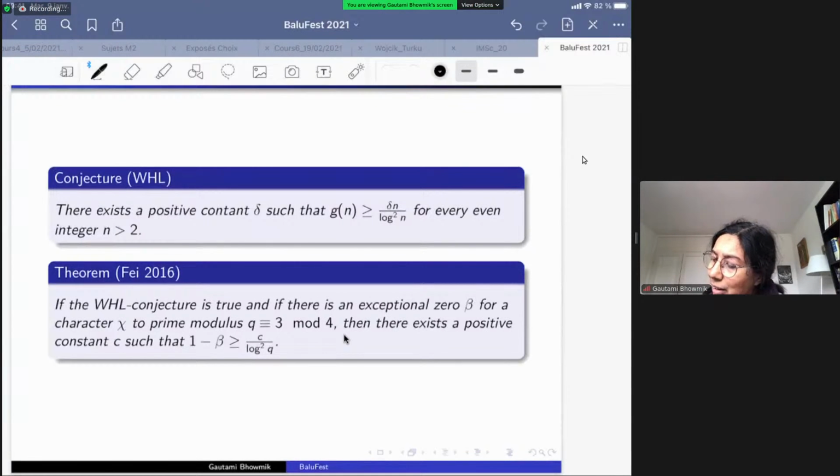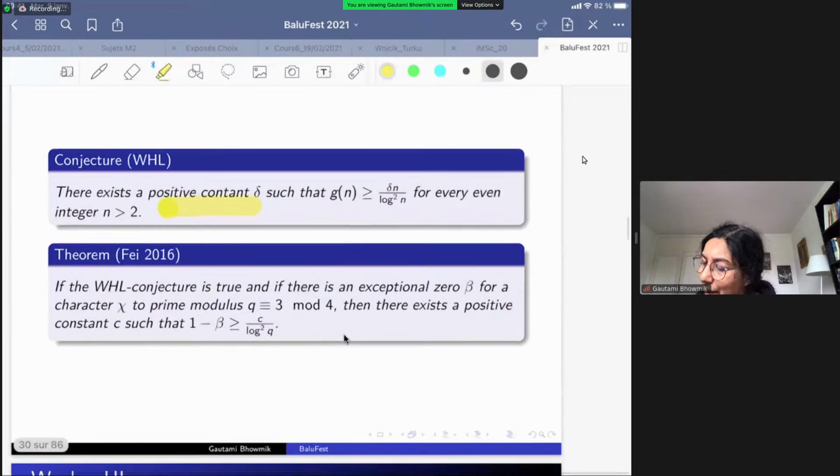This says that there is some positive constant delta such that g of n, the representation of n as a sum of 2 primes, the Goldbach representation, is greater than delta n by log square n for every integer n greater than 2.